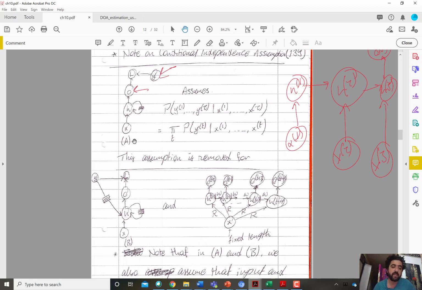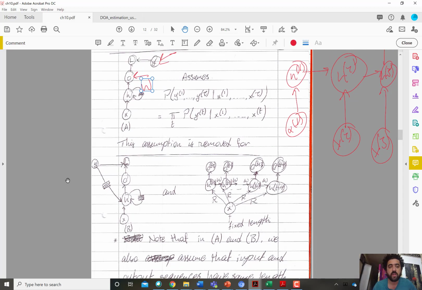Another is that there is an assumption of conditional independence of the outputs given the inputs, right? And of course, as we mentioned last time, we also have a stationarity assumption of the state transition, meaning the state-to-state transition is a stationary process because this W right here does not depend on time, does not change from time 1 to time 2, right?